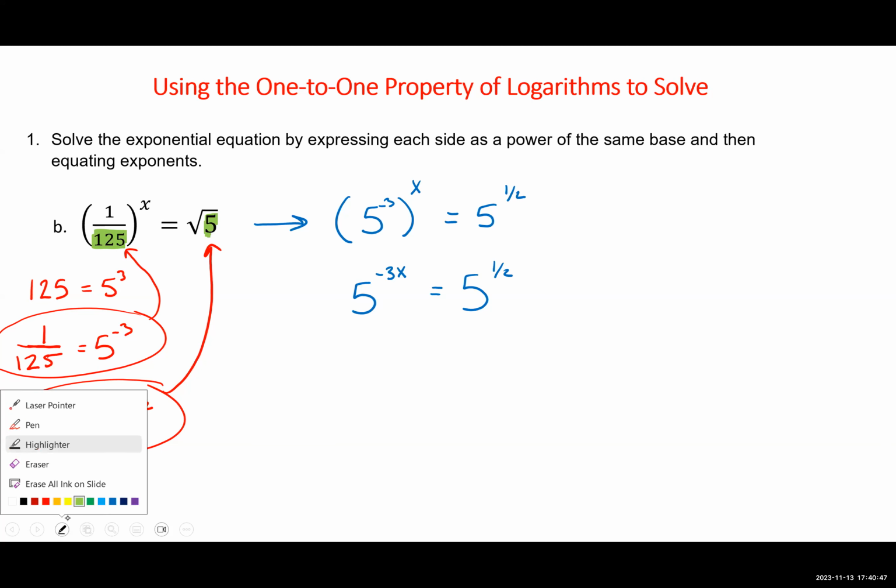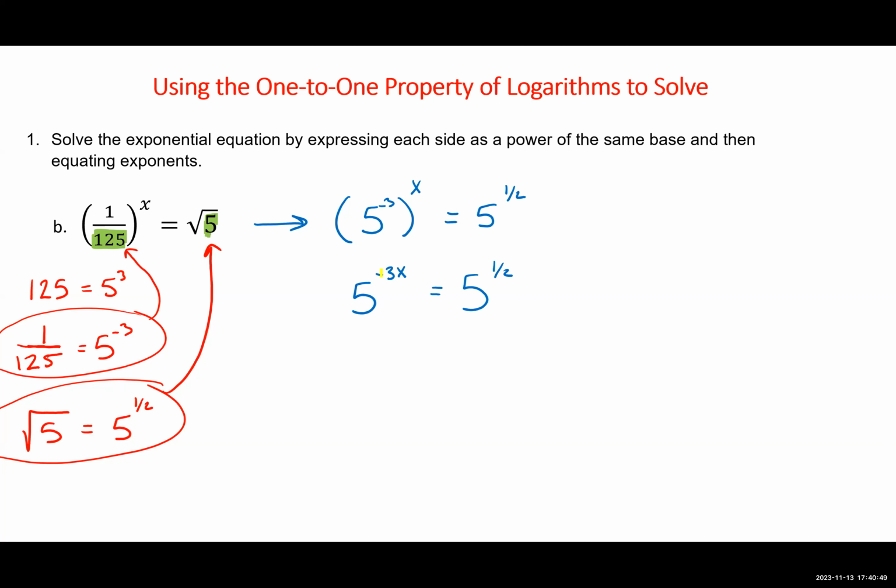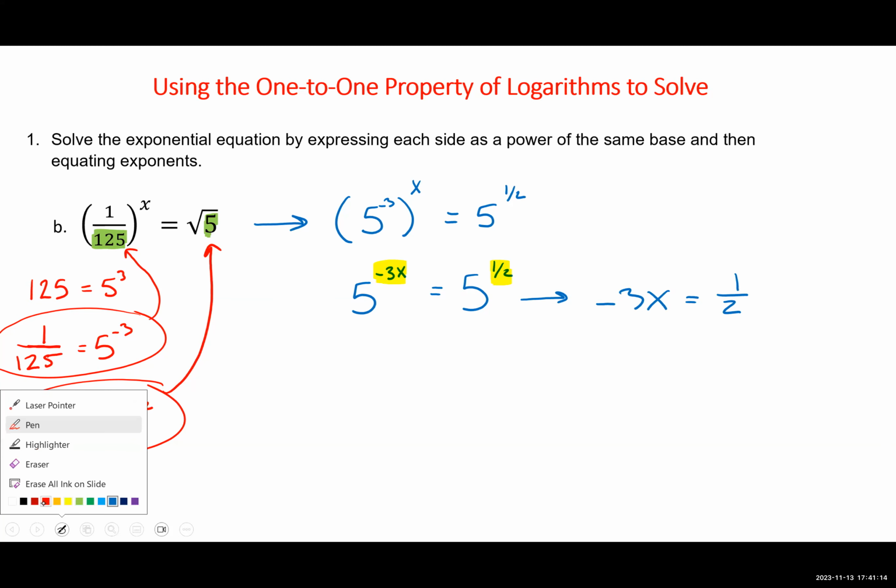So if 5 to the negative 3x is equal to 5 to the power of 1/2, well, then negative 3x, the exponent on the left, has to equal 1/2, the exponent on the right. All right, solve for x.